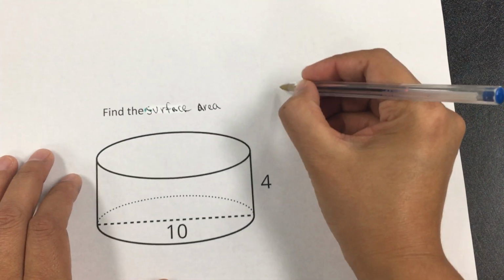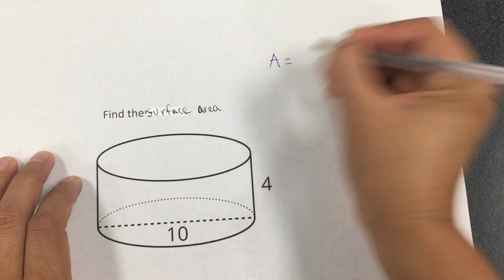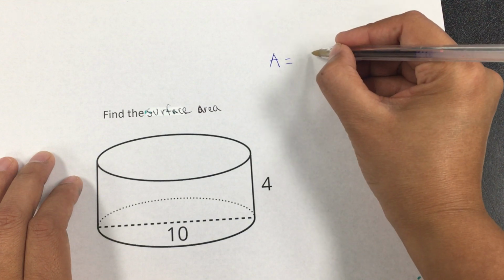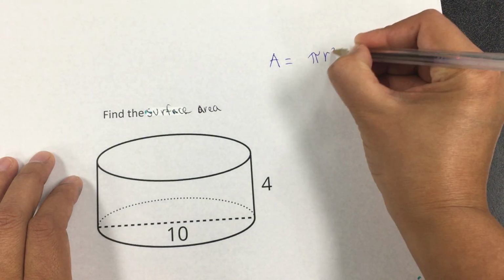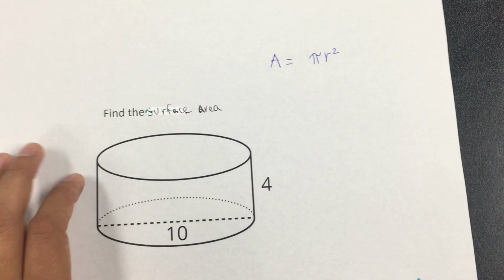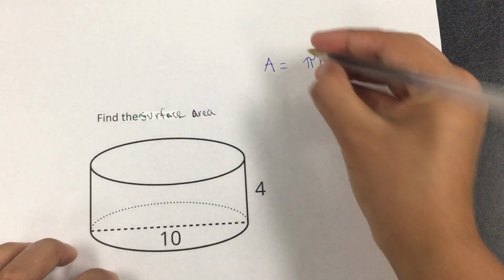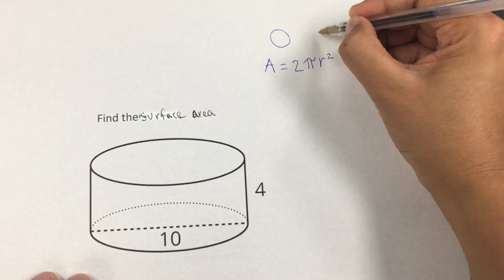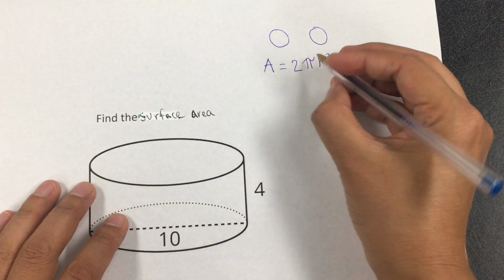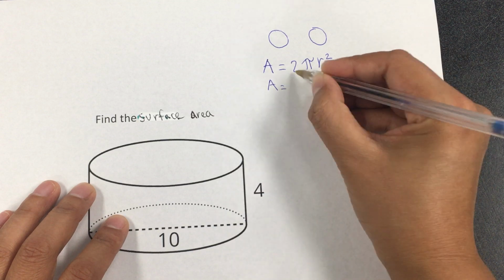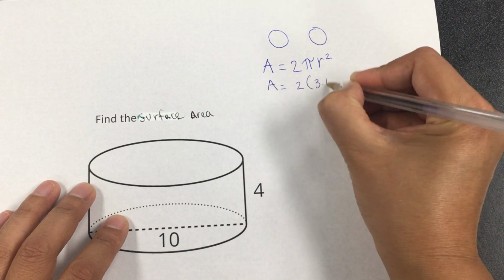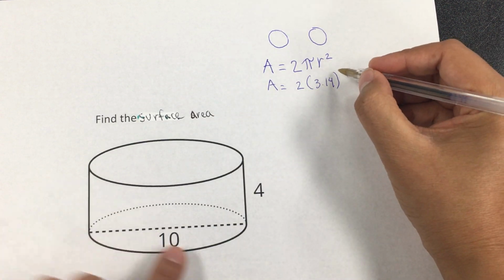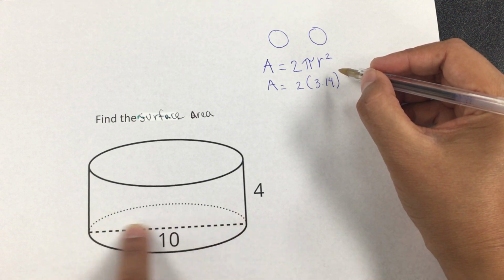So for the area of the two circles, A is equal to, again, pi r squared is the area of a circle, but we have two of them. So I'm just going to put times 2 in here so that I can get the area of the two bases. And so 2 times 3.14 times the radius. Well, this is the diameter.